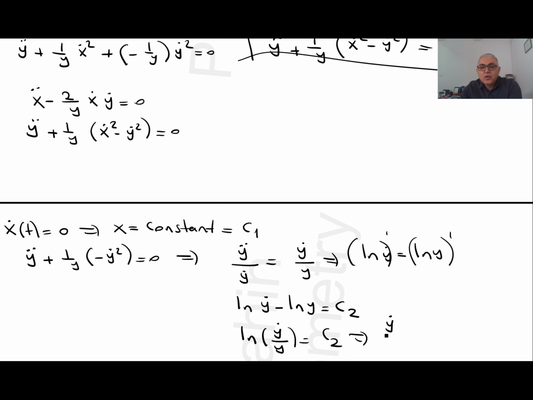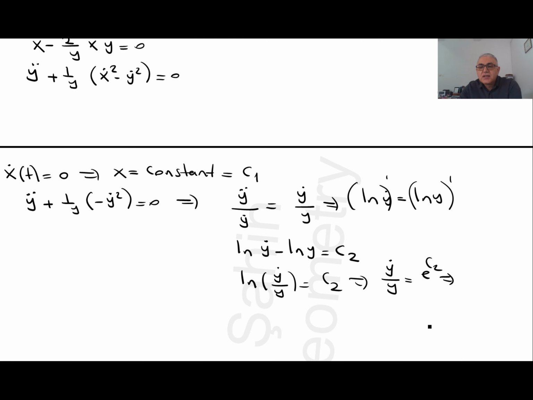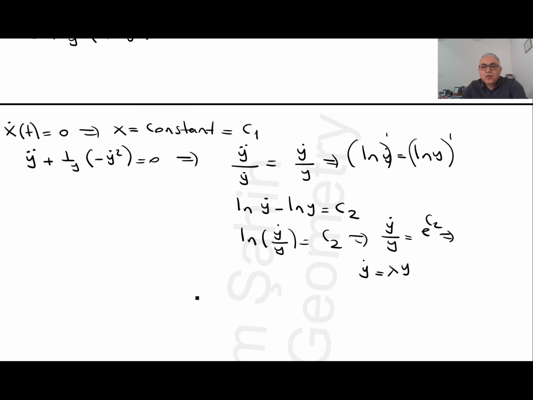So y prime over y equals e to c2, or you can write y prime equals lambda times y. So from this we can write y will be, let's say, c3 times e to lambda t.